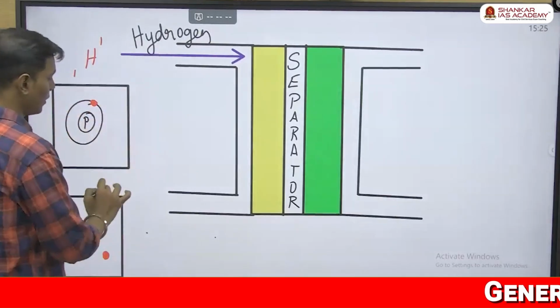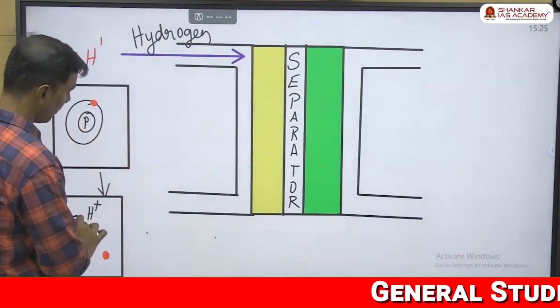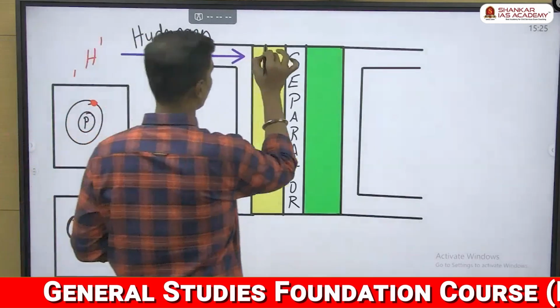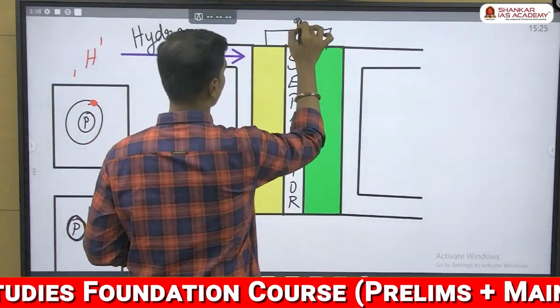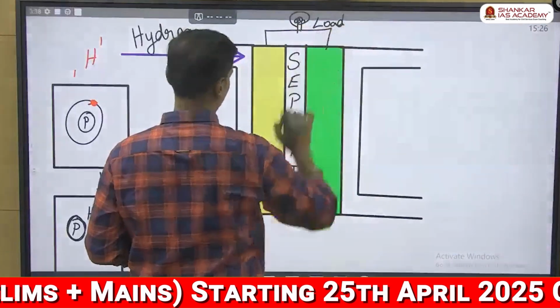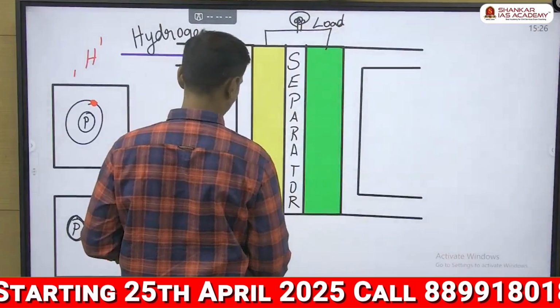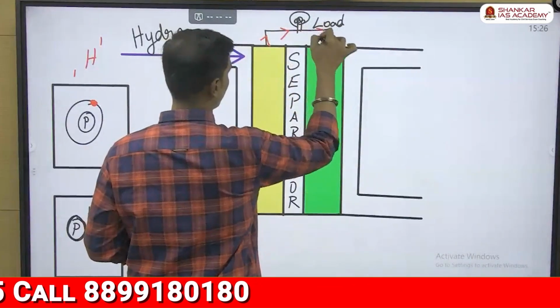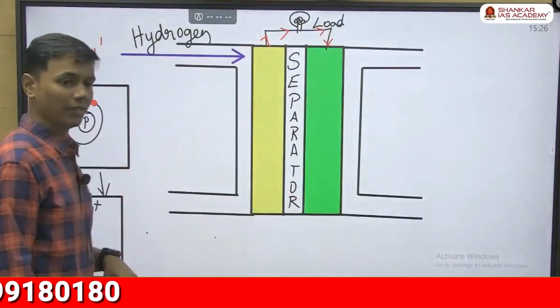That is, when hydrogen undergoes oxidation, what will happen? It will form one proton and one electron. Then we are going to join these two electrodes along with the load here. Then the electrons start moving here. Movement of electron creates electricity.